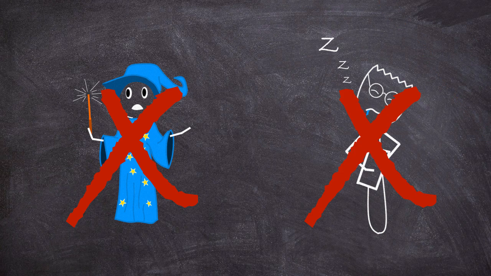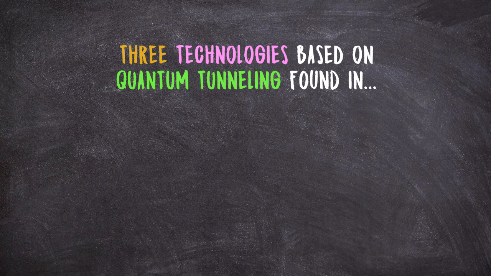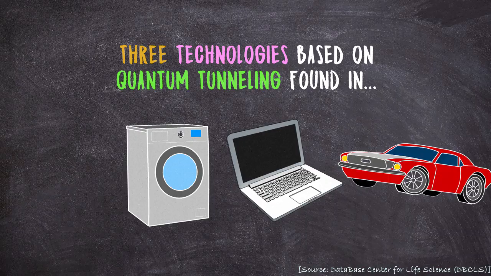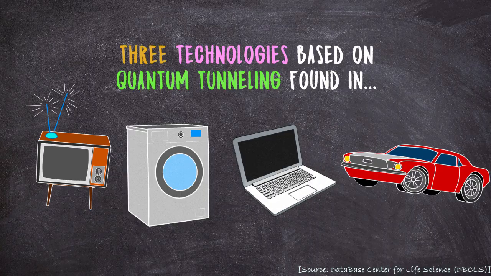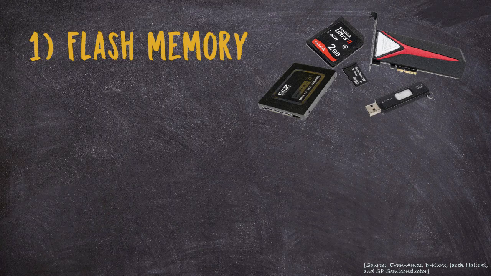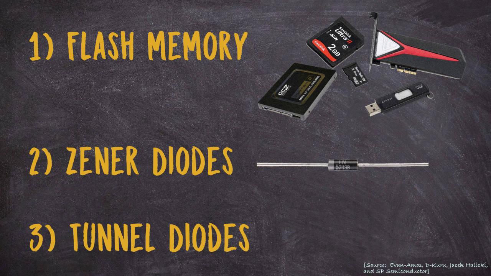To make this point, I've chosen 3 technologies specifically that involve application from everywhere, from computers to cars to washing machines and even broadcast television. Literally all over technology. And those techs I've chosen are flash memory, which is the main computer memory in things like thumb drives and also smartphones and a lot of computers, as well as 2 types of what are called diodes, Zener diodes and tunnel diodes, which are used in all kinds of electronics and radio technology.